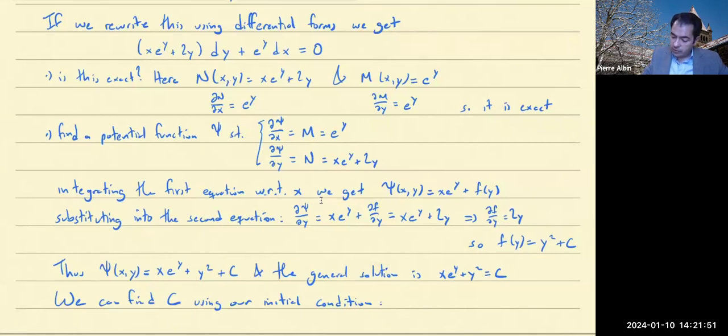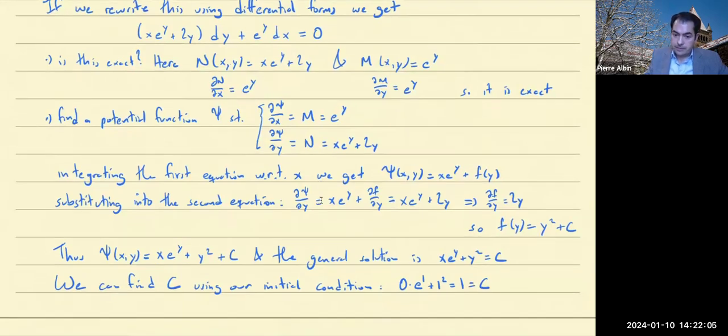So if we plug in x equal to 0 and y equal to 1, on the left-hand side, we get 1. On the right-hand side, we get C. So finally, we conclude that x e to the y plus y squared is equal to 1. Right? And notice that here, we cannot just solve for y. Not easily, anyway.